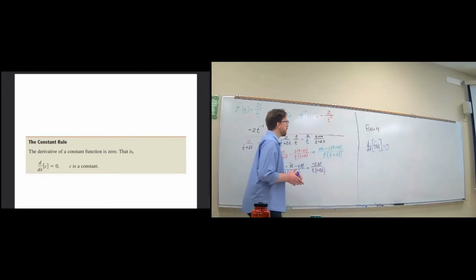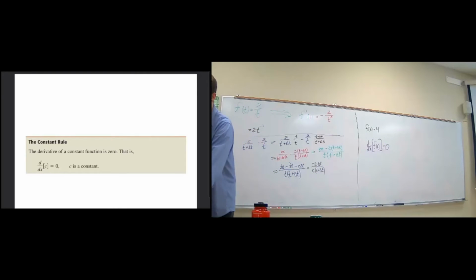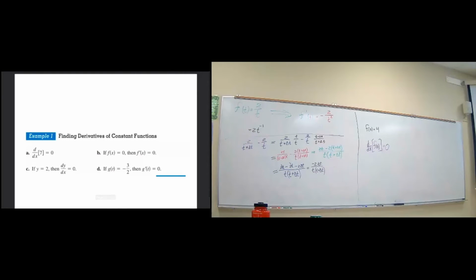Right? Just as a couple quick examples, we've got 4 of them up here, written in all sorts of different notation, just to get us used to the different types of ways of denoting this stuff.